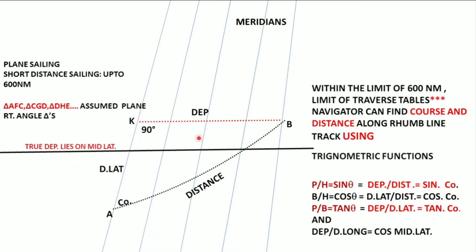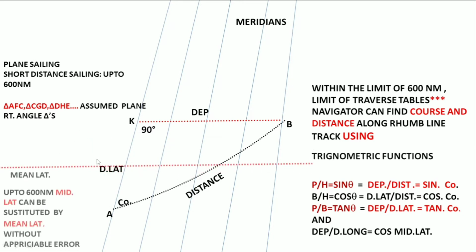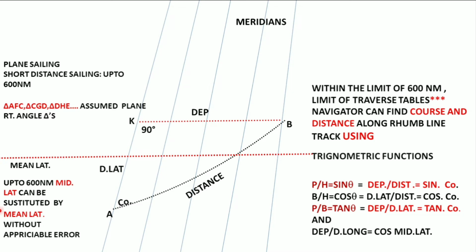We know that the true departure lies on the mid latitude, but up to 600 miles, we can always substitute this mid latitude by mean latitude without any appreciable error. As we said, for the change from mean to mid latitude we required some corrections. Nowadays we don't use it, so we can comfortably continue using the formula. Instead of mid latitude, we can use mean latitude.